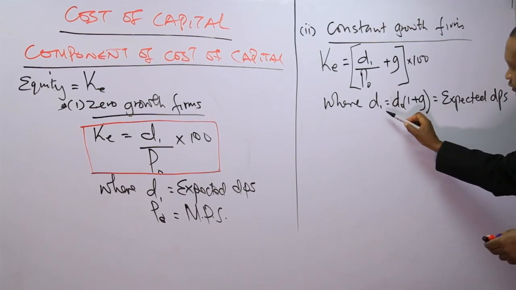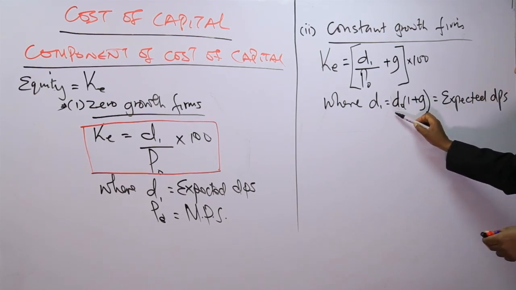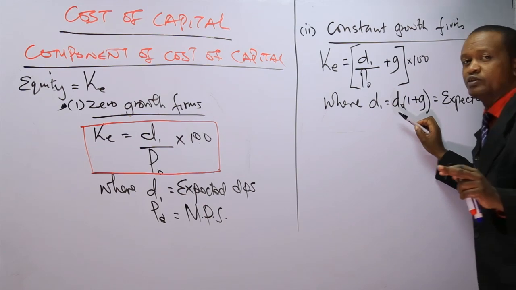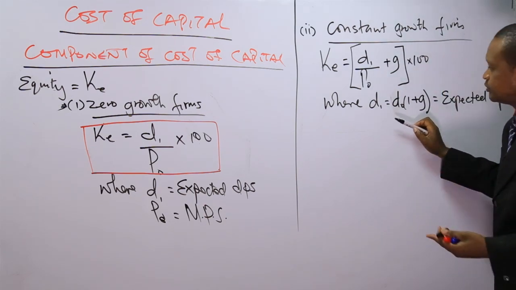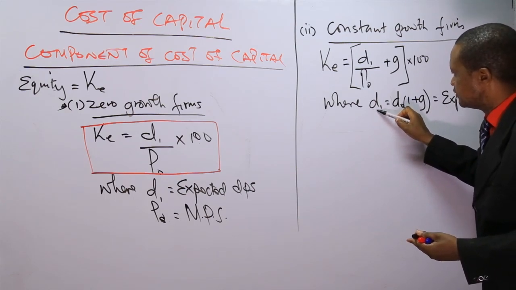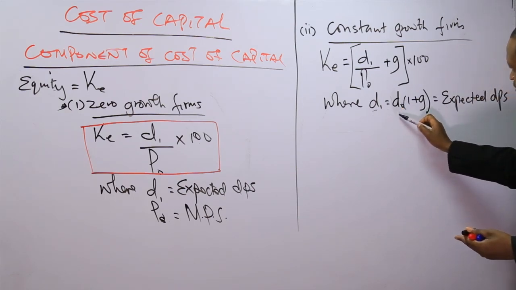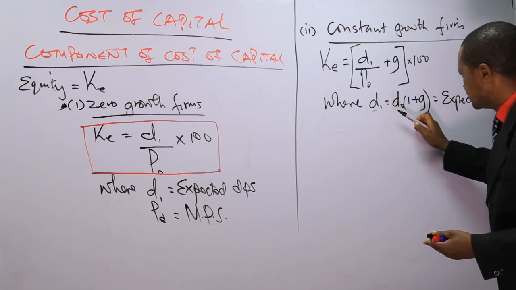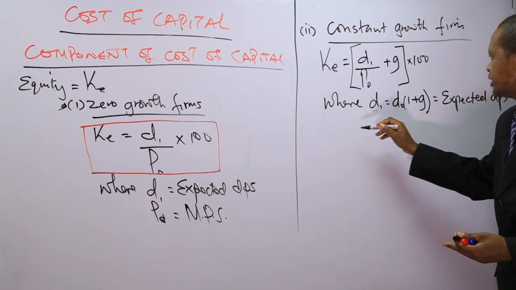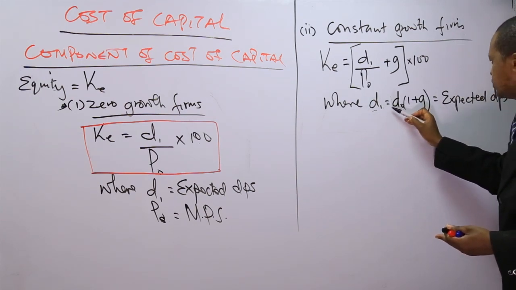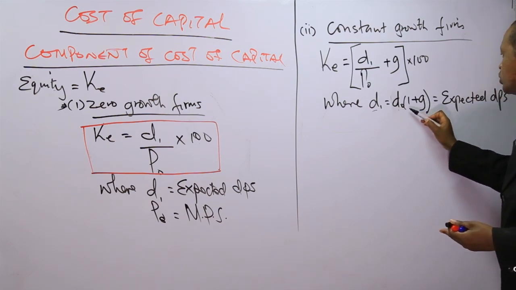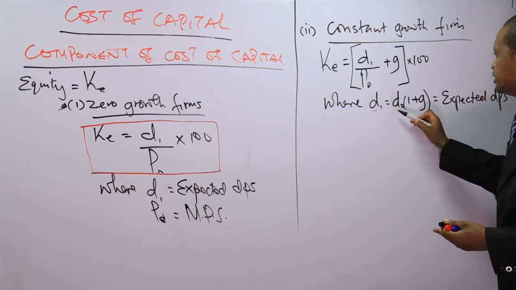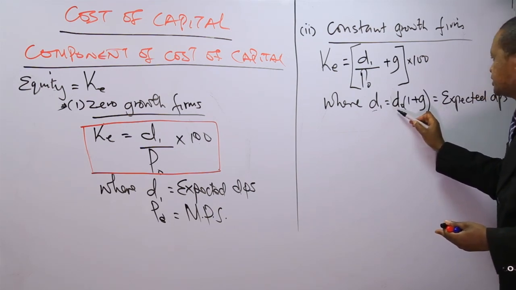So the formula for expected dividend per share, depending on the information that you are given, if you are appearing in exams, you may not be provided with the expected dividend per share, but you can be provided with the current dividend, where D1 is equal to the current dividend, which is denoted as D0, times 1 plus G. So D0 is the current dividend.